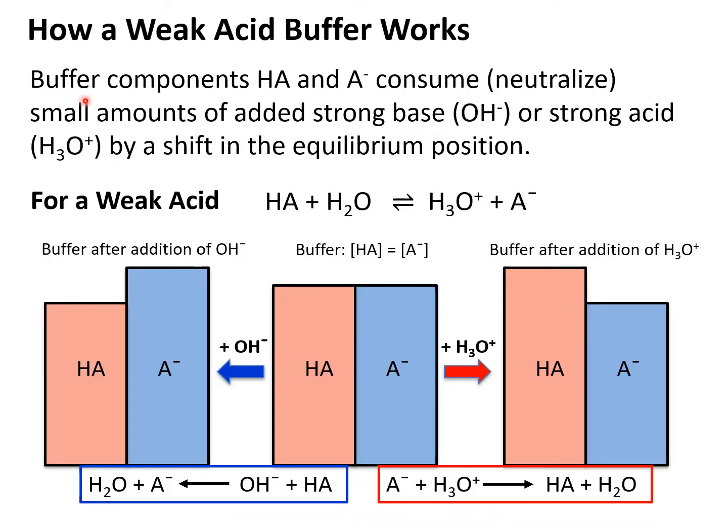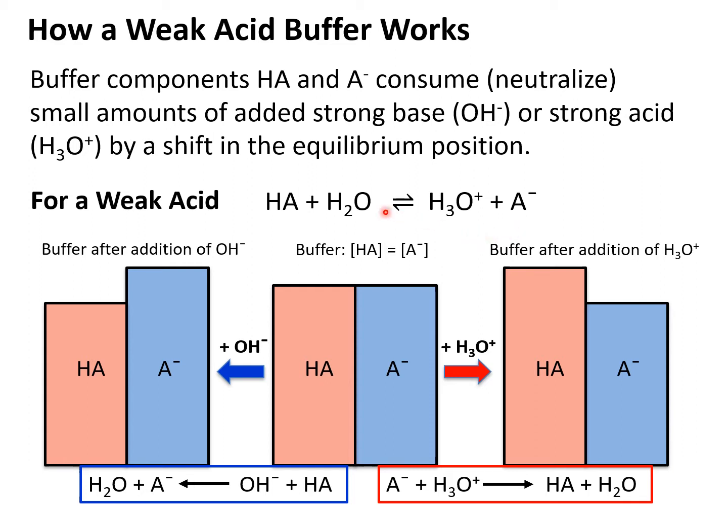In a buffer, the buffer components neutralize small amounts of strong base or strong acid by shifting the position of the equilibrium. So if we take a look at a buffer consisting of a weak acid and its conjugate base, we see that we can set up an equilibrium reaction between the two components, where the weak acid plus water will exist in equilibrium with its dissociation products, H3O+, and its conjugate base, A-.